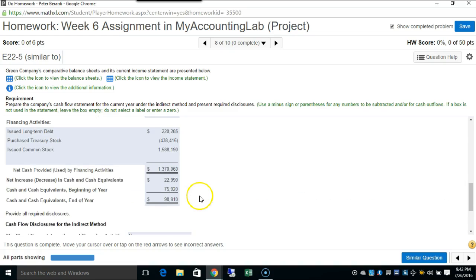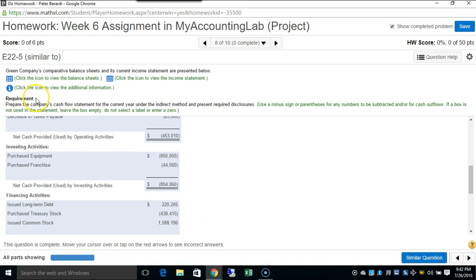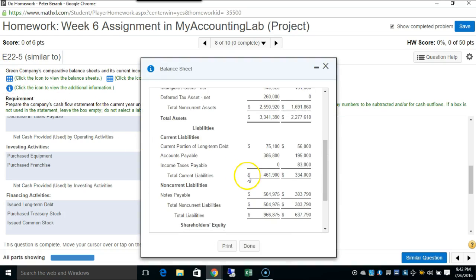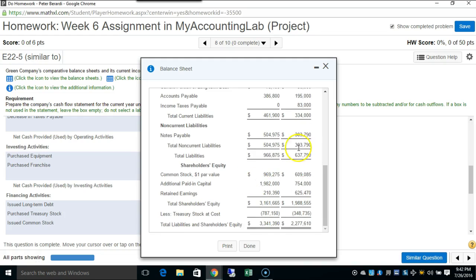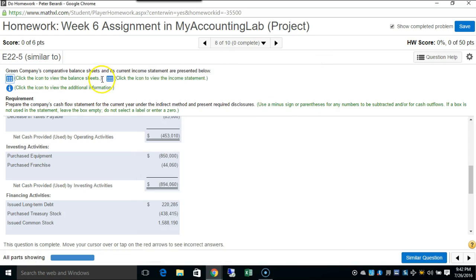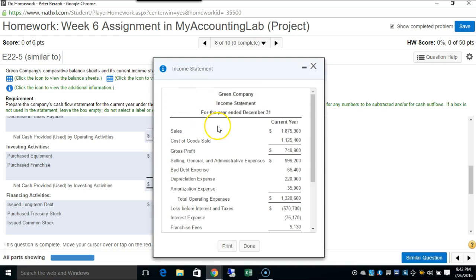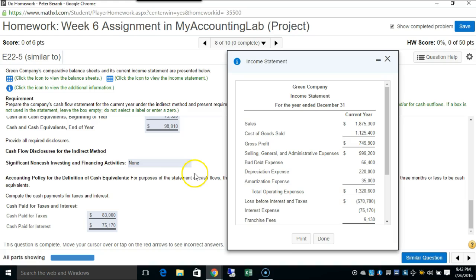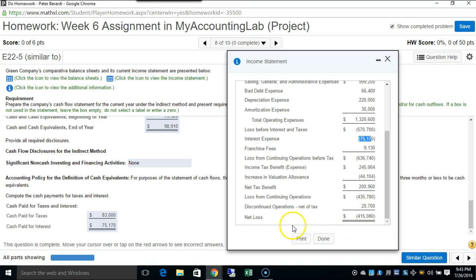Cash paid for interest is right here, $75,170, which comes off your income statement.